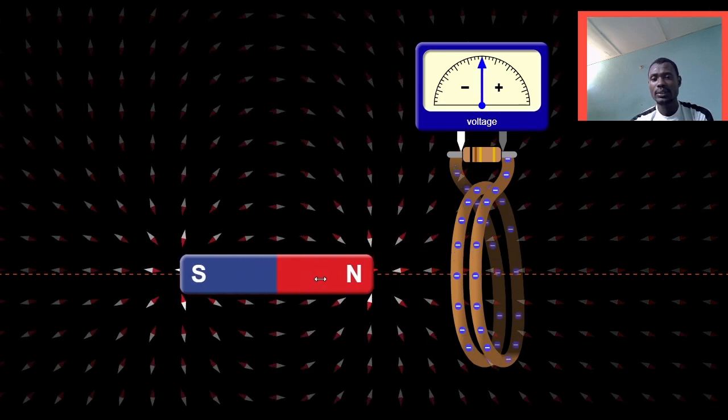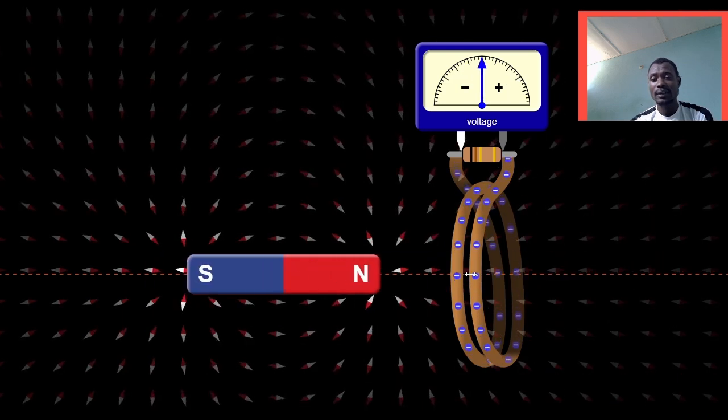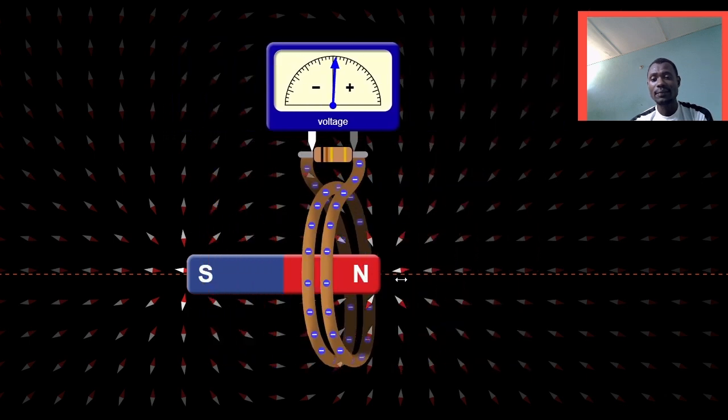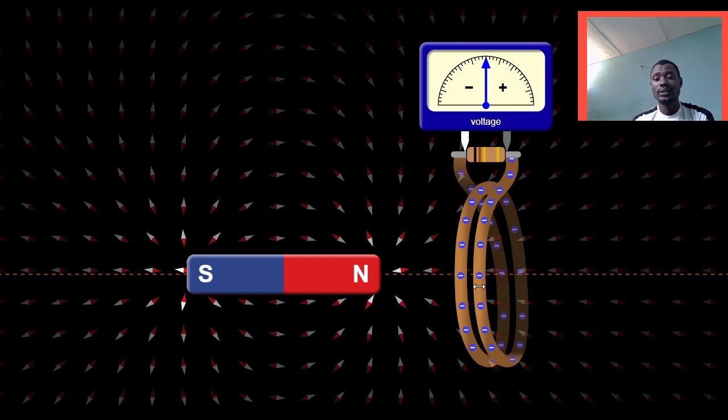The same applies when you move the coil: there is deflection of the current, that is, current is induced. So a changing magnetic field produces what we see as electricity today.